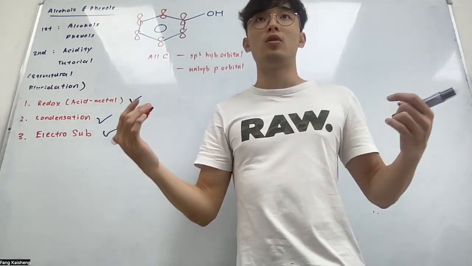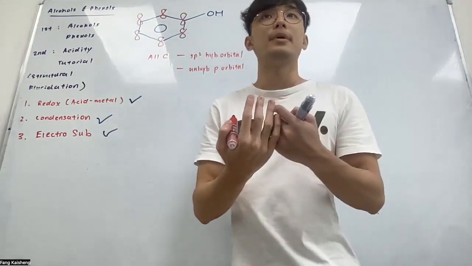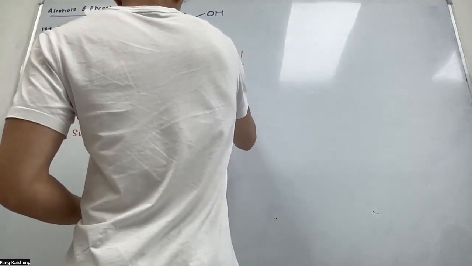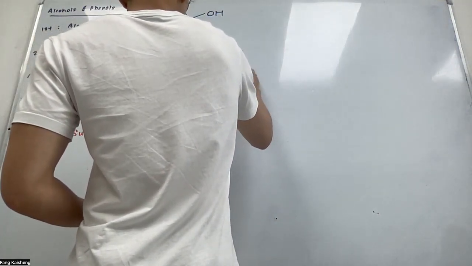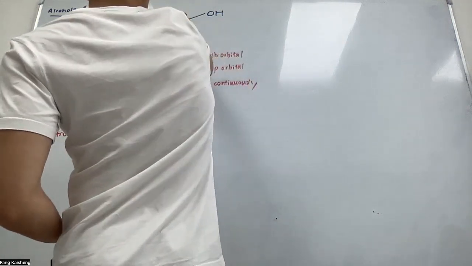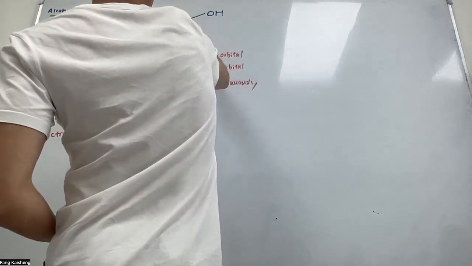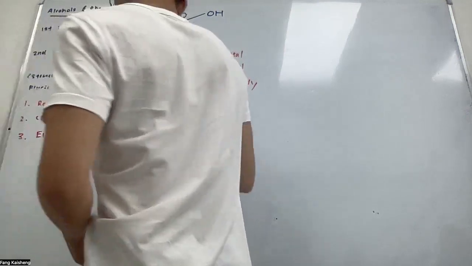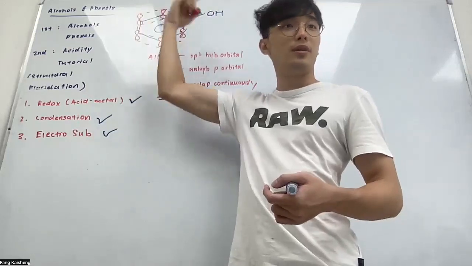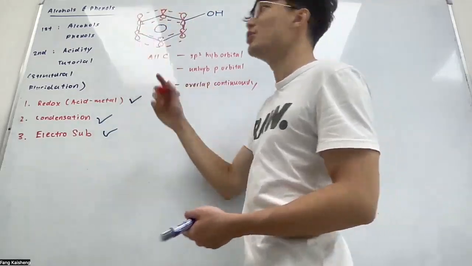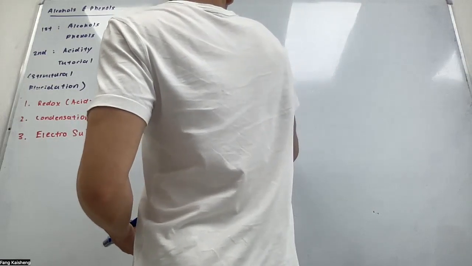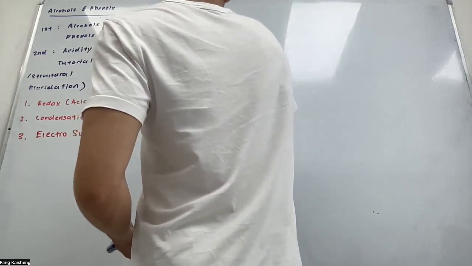They will overlap. But the keyword here is they will overlap continuously. So everyone joins together. The electrons can now delocalize. So this creates your delocalized high electron cloud.